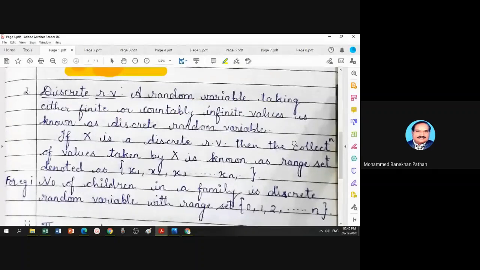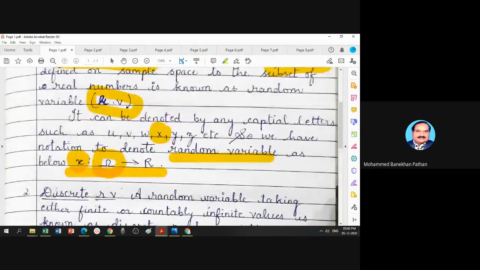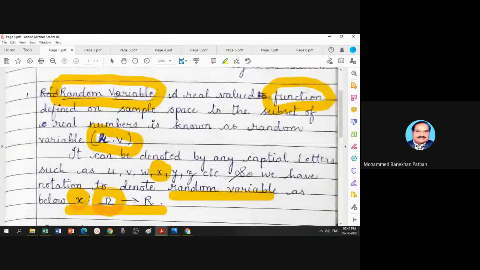After having a random variable, we define a discrete random variable. A random variable taking either finite or countably infinite values is known as a discrete random variable. So a discrete random variable depends on the concept of random variable.